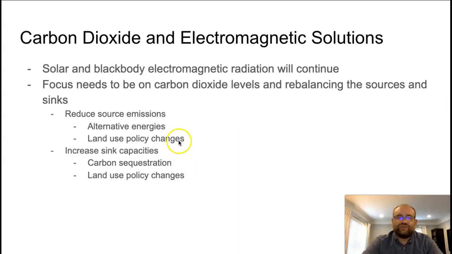But also land use policy changes: how we're using the land, making sure that we have photosynthetic activity occurring at large rates. We also want to look at increasing sink capacities. How can we perform carbon sequestration? Where can we store this carbon? Ideally, it's going to be a combination of these two, with an emphasis on looking at alternative energy sources besides fossil fuels.